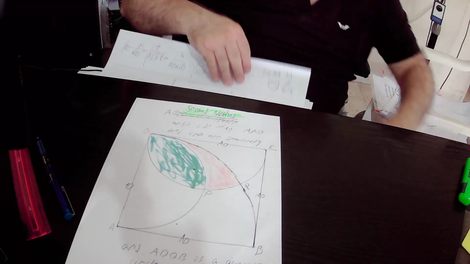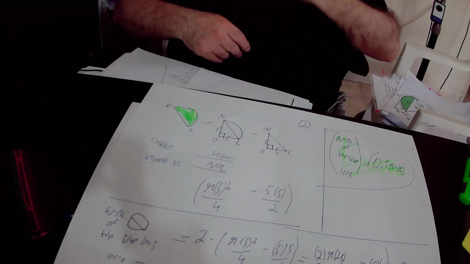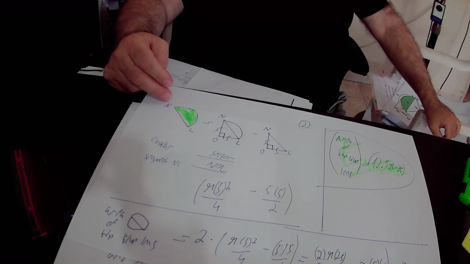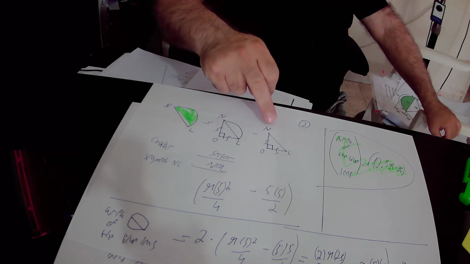The area of the upper circular segment equals the area of sector NOL minus the area of triangle NOL.